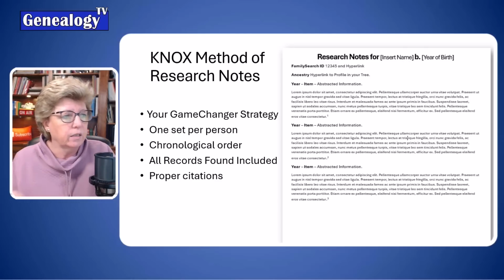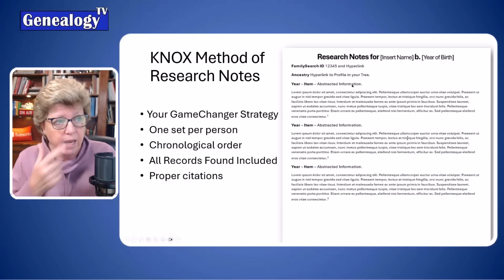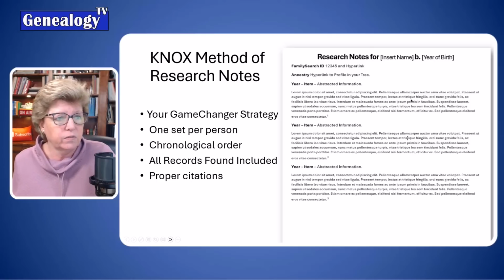And then it really starts with the year of the event, whatever it is, right? They're born, right? So whatever year that is, what the item is, maybe it's a birth registry, and abstracted information from that record. And this is just fake text I put in here to show you the format.